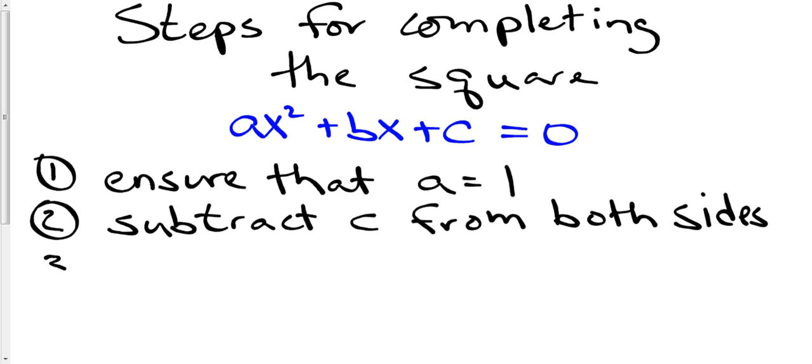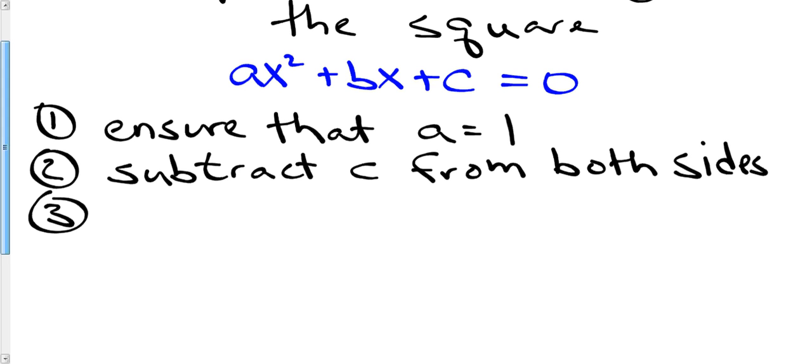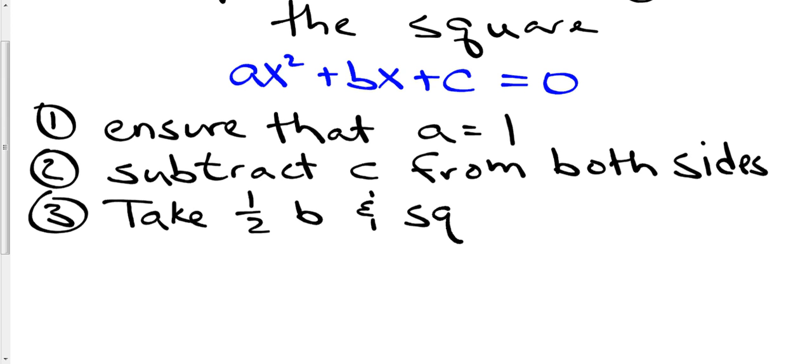Step 3. Take half of b and square it, adding it to both sides.